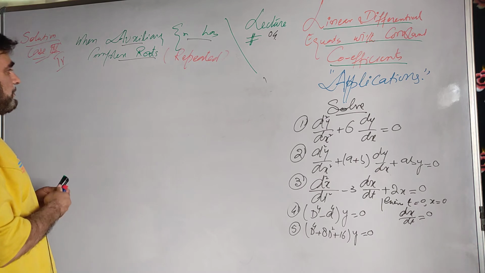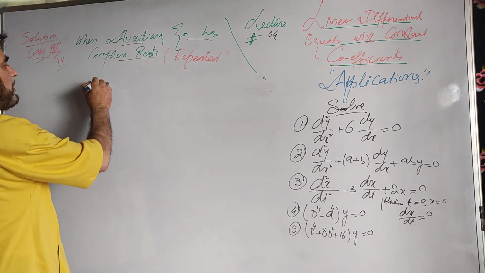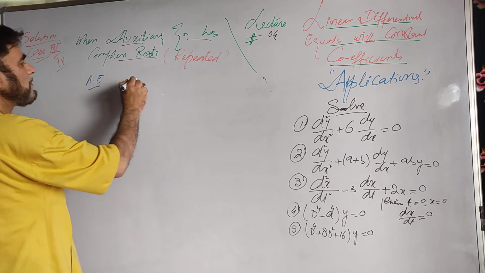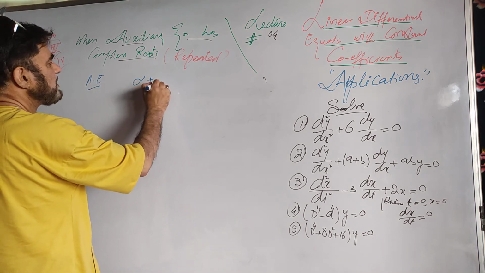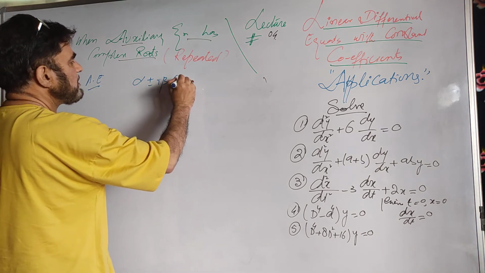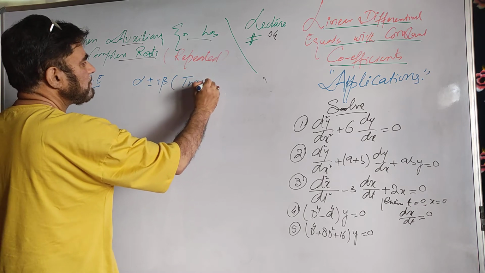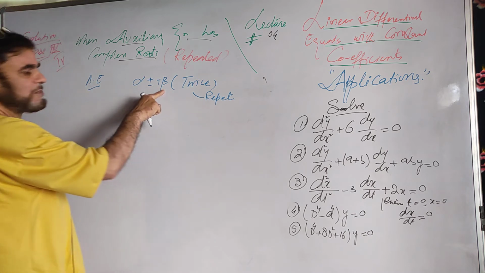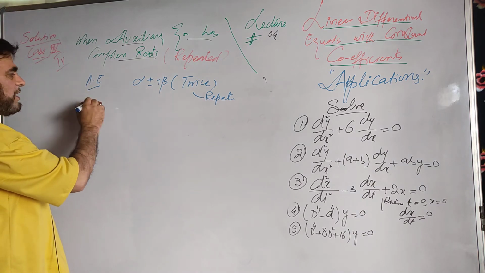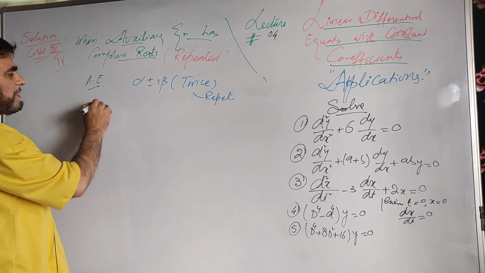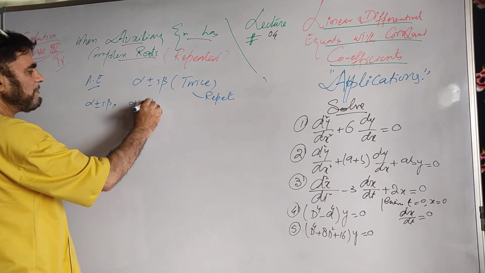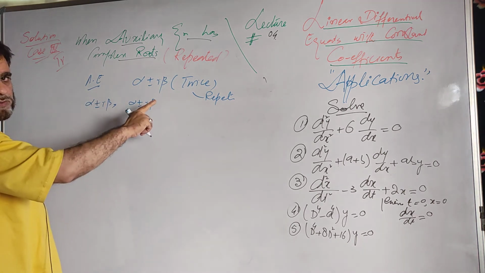Say the auxiliary equation has roots alpha plus minus iota beta, each repeated twice. It means the roots are alpha plus iota beta, again alpha plus iota beta, and alpha minus iota beta, again alpha minus iota beta.